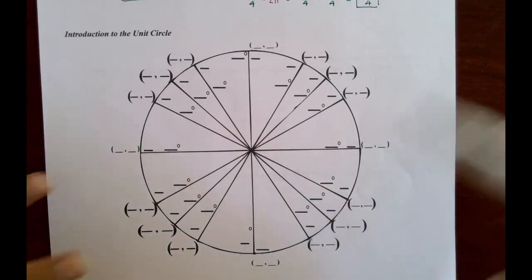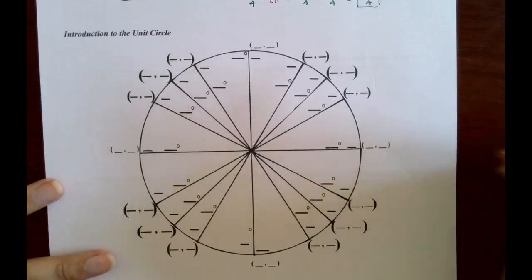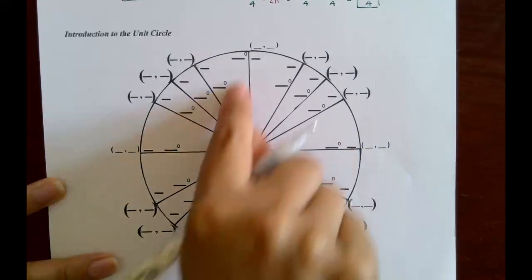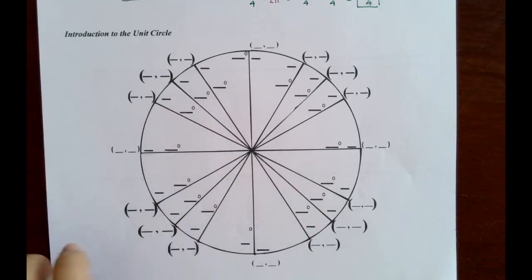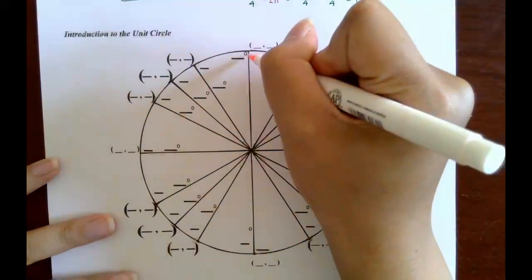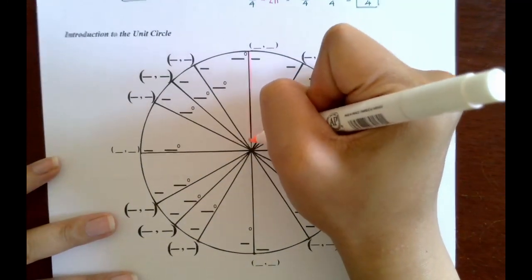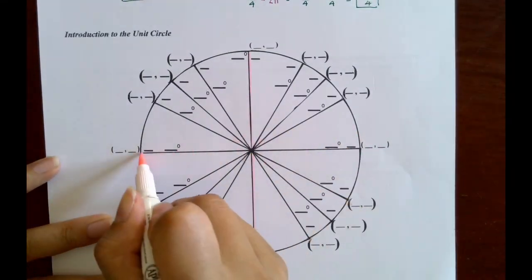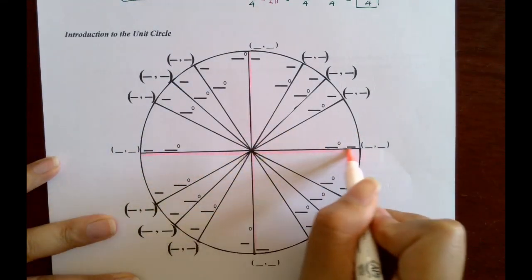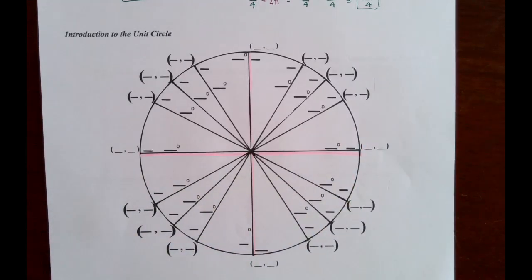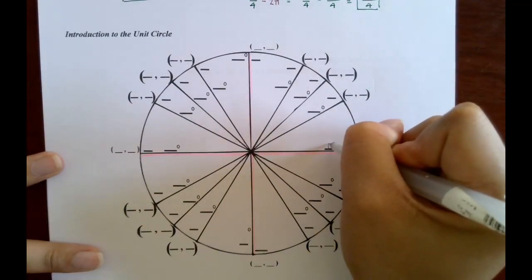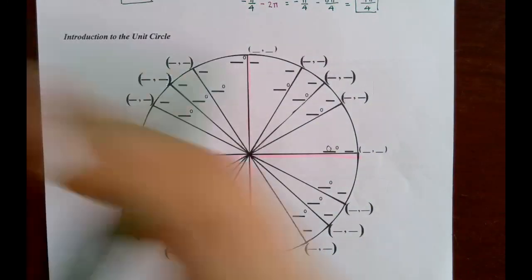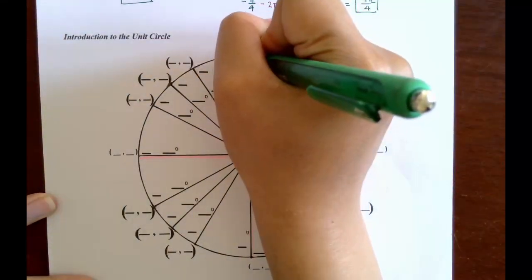Degrees is pretty easy. I start by putting in the quadrants. Here are my quadrants. It starts at 0 degrees, and then here is 90 degrees.